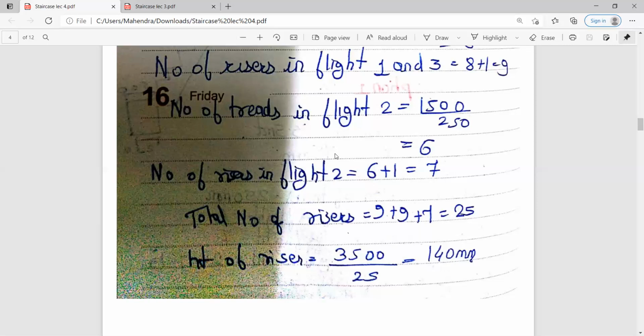So clear up till here, anyone is having any doubt? Should I proceed with the calculation of depth? Did everyone understand these number of risers and treads? Okay. Yes, what about others?